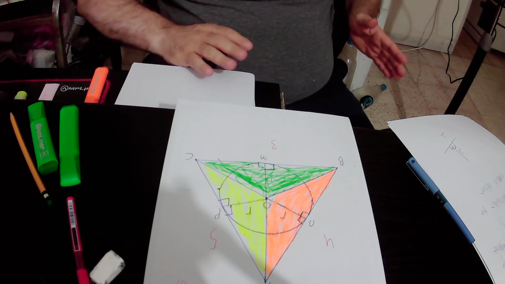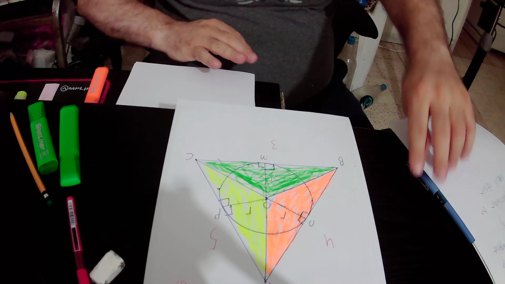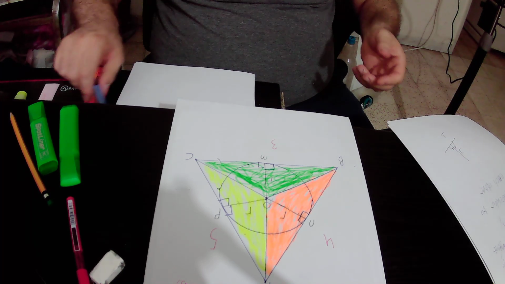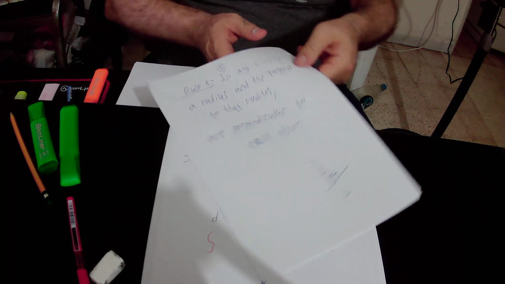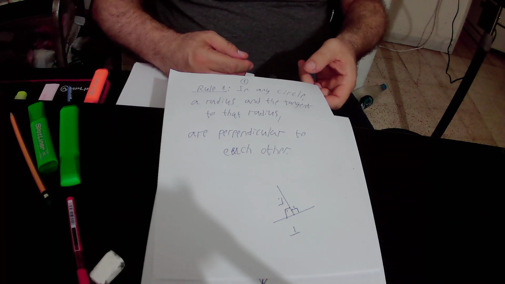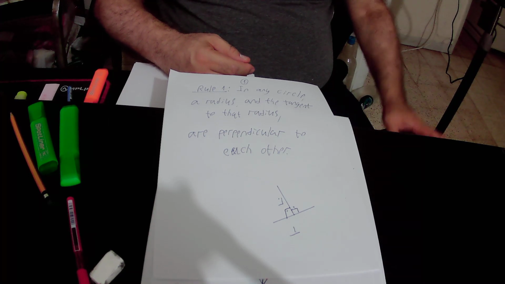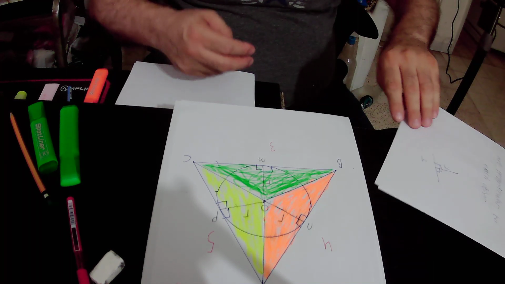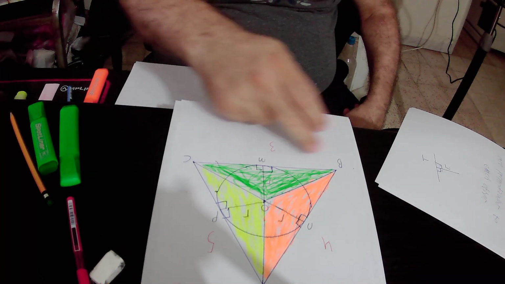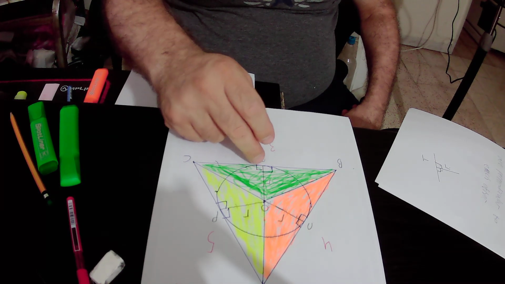Before that, we have rule number 1 that states that in any circle, a radius and the tangent to that radius are perpendicular to each other. So if we have a radius and we have a tangent to that radius, the radius is perpendicular to its tangent.